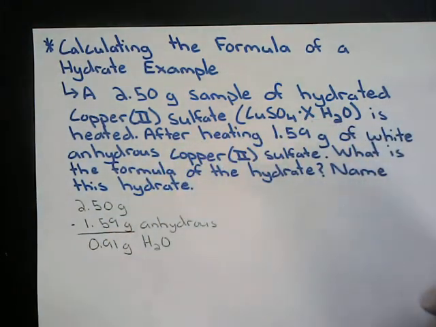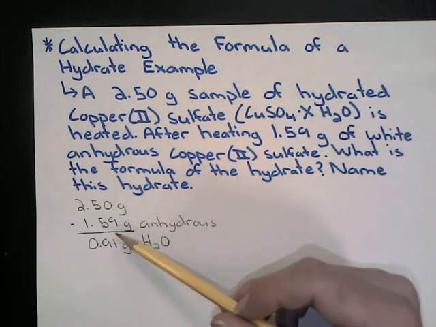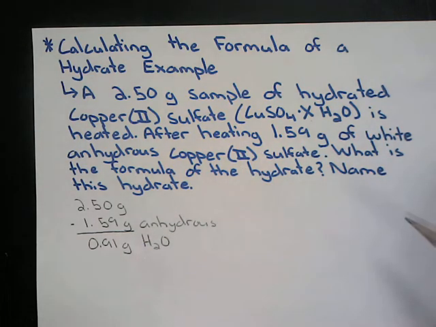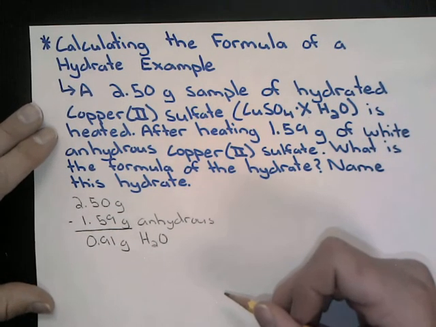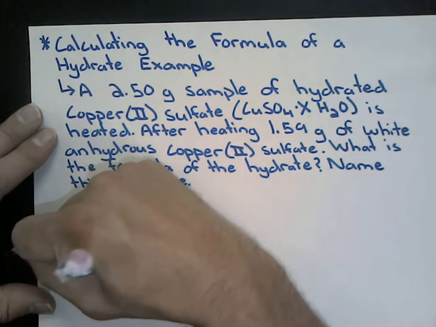And so now we're going to convert 0.91 grams of H2O and 1.59 grams of anhydrous copper 2 sulfate to moles. We're going to do a little bit of stoichiometry here, or conversions.